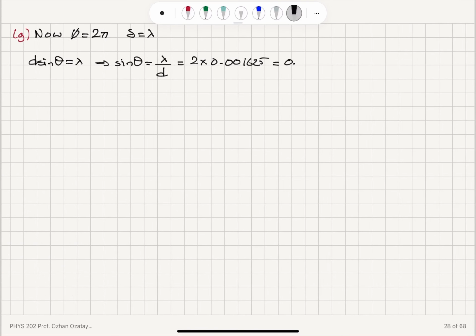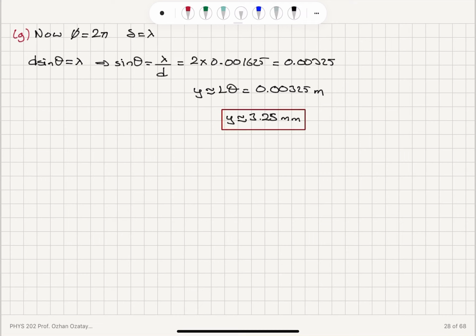So this is 0.00325, and once again this is a small angle, y is approximately equal to L times theta, 0.00325 meters. In other words, the position of the first absolute maximum is 3.25 millimeters from the central maximum.